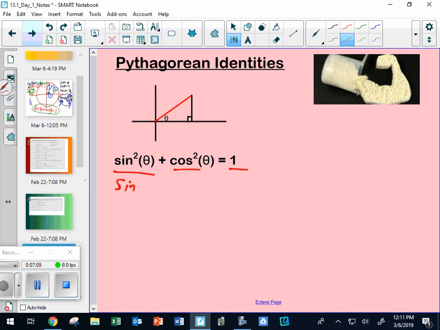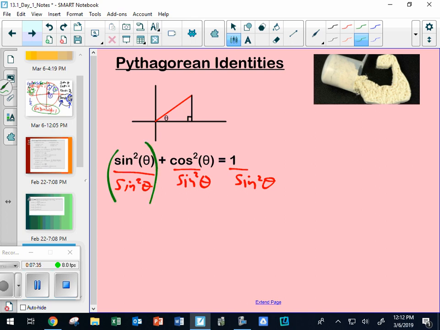Just draw this in. Do you agree that in an equation, you can do this? You can divide by anything you want. I'm just choosing to divide by sine of the angle squared. And a cool thing results. Another math truth.